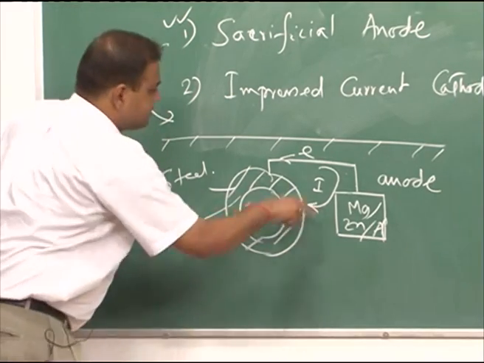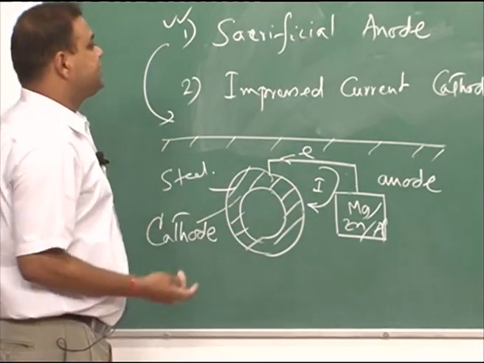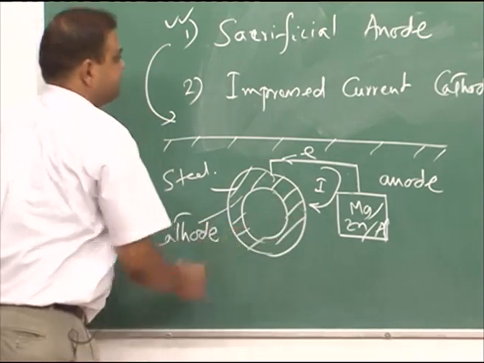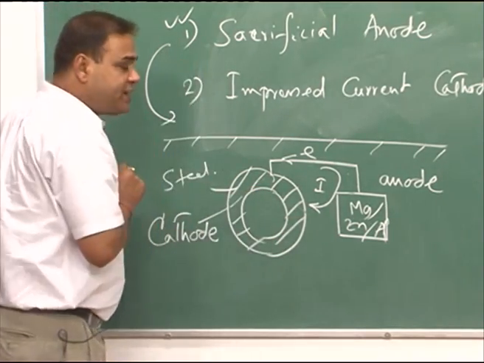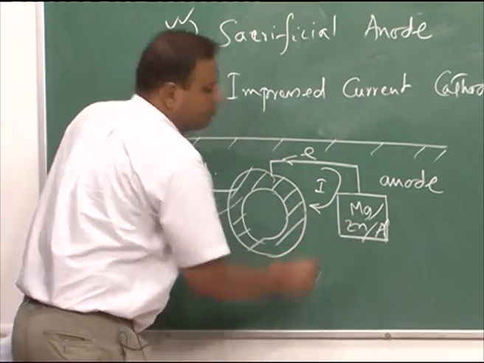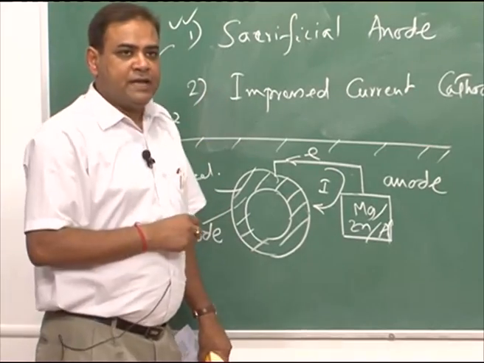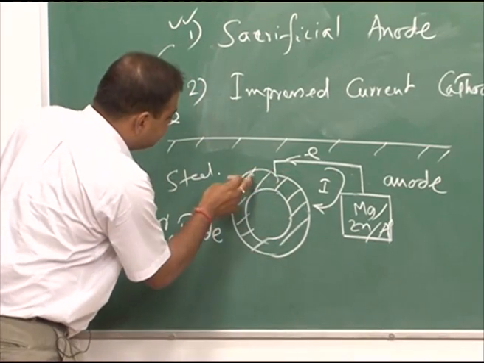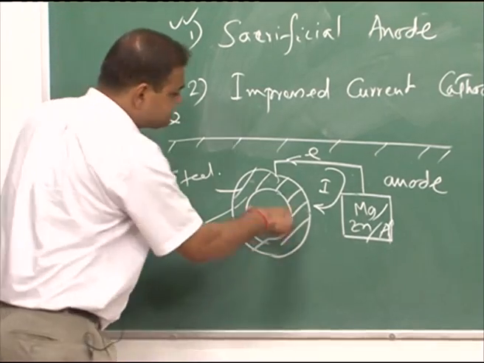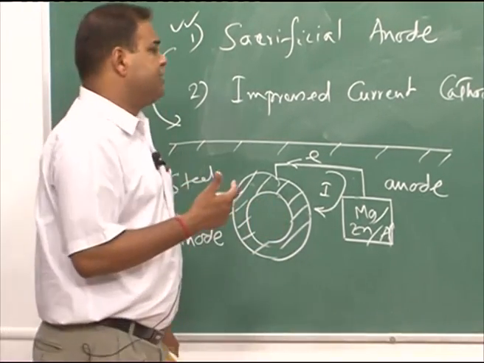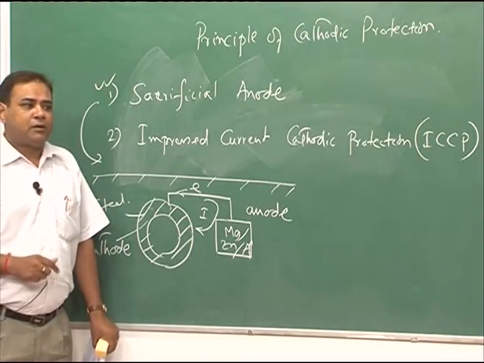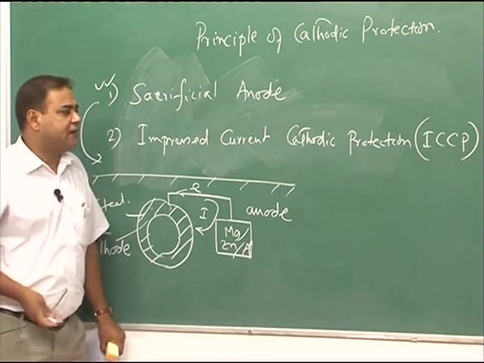This system, where we are not using any external current source or power source, is called sacrificial anode. Why? While we have this protection, the magnesium, zinc or aluminum will corrode, and the steel pipe will be protected. This is exactly similar to why we use zinc coating on steel sheet, that means galvanization.